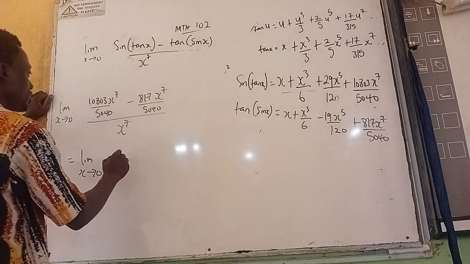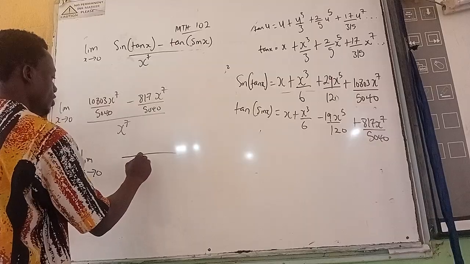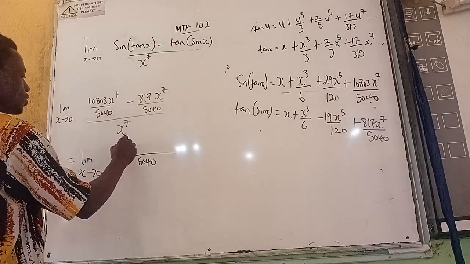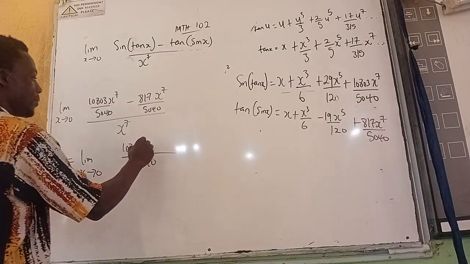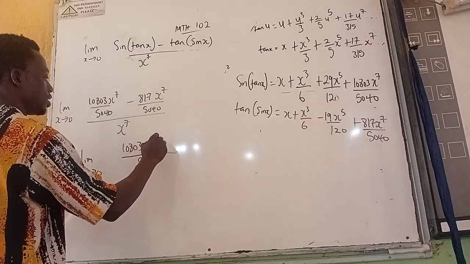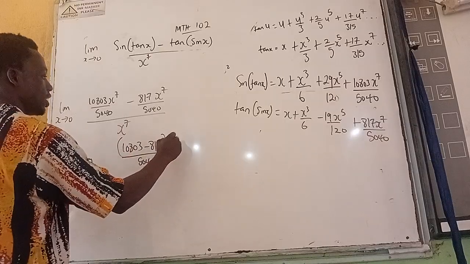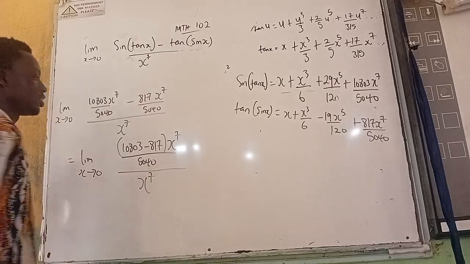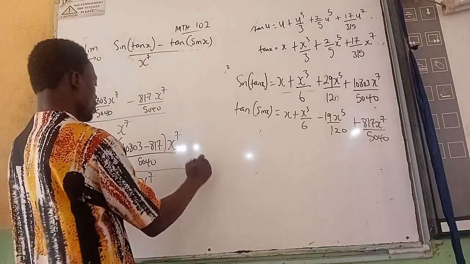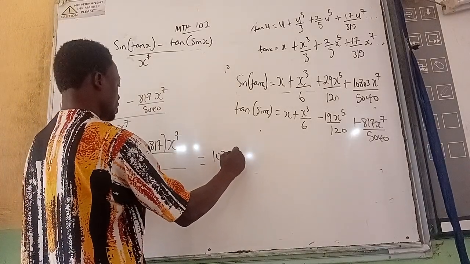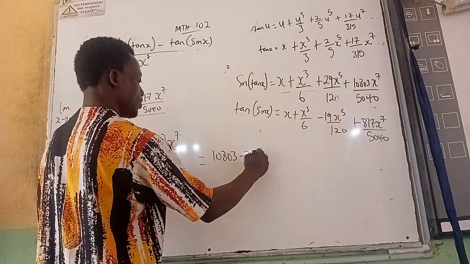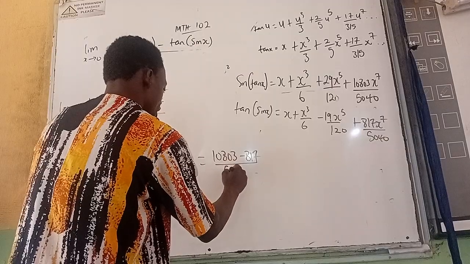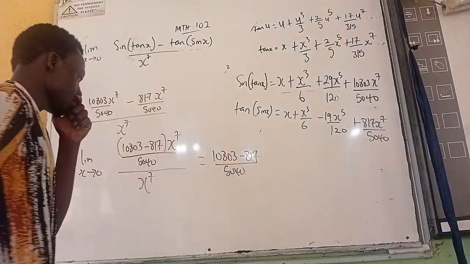What's the LCM of the numerator? 5040, right? So here we have 10803 minus 817 x7 divided by x7. Do we get? So it's going to give us 10803 minus 817. Okay, I don't even need a calculator. Divided by 540. Are we together?